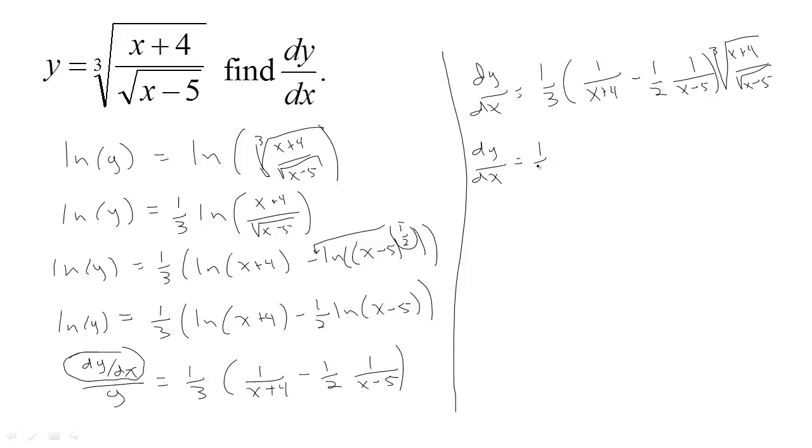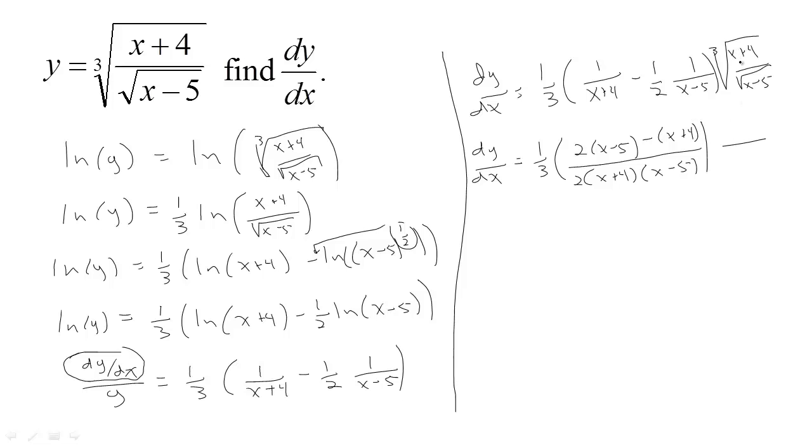We have 1/3. If I get a common denominator here, this one would need to be multiplied top and bottom by 2 times x minus 5. And this would need to be multiplied top and bottom by x plus 4. So we get minus x plus 4 all over that common denominator, x plus 4 times 2 times x minus 5.